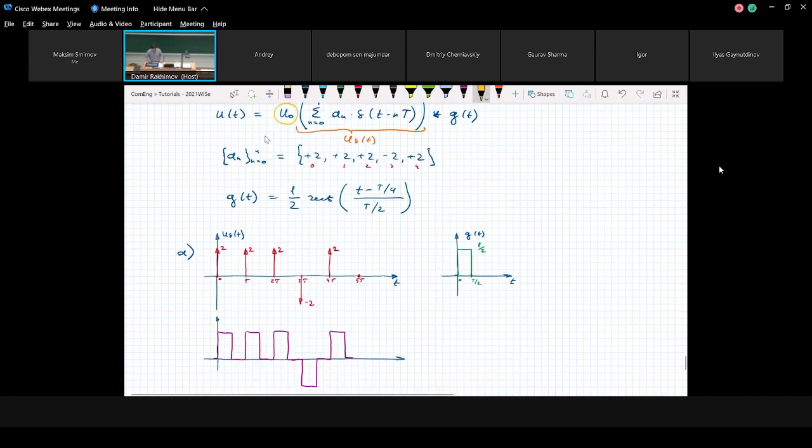We have to multiply all these quantities, so 2 times 1/2 gives us the resulting amplitude of u, and minus u0 for the negative part. That's it. Go to the next question, question B.